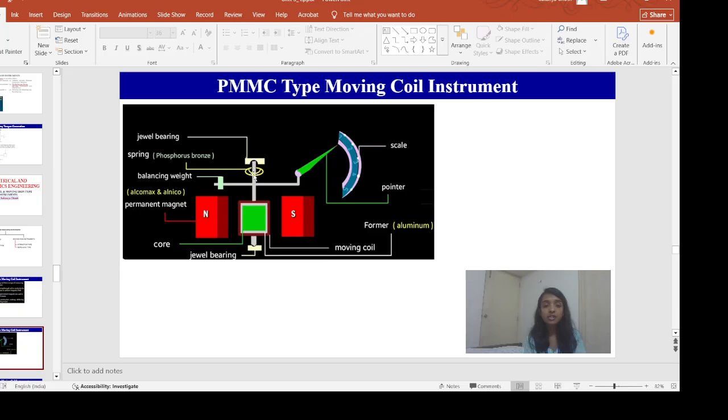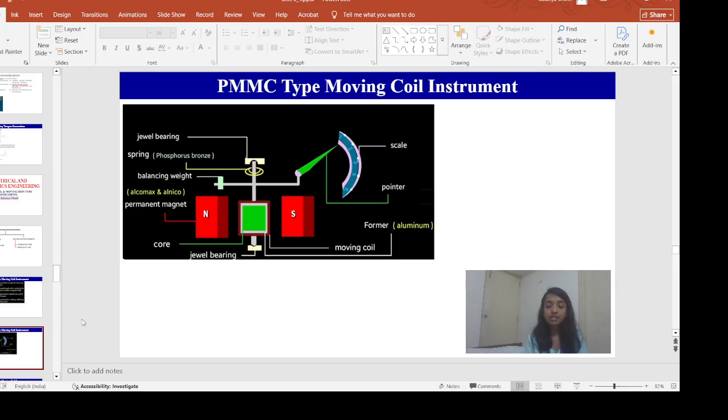The spring attached to the spindle will provide the controlling torque for the pointer, which will bring the pointer back from its full scale position to the initial value, and the eddy current will provide the damping torque to have a steady state deflection of the pointer on the scale.